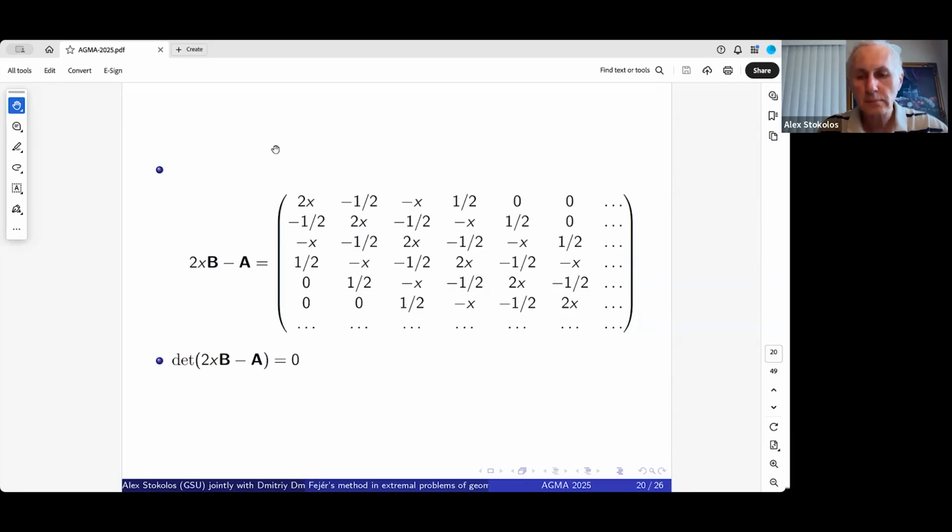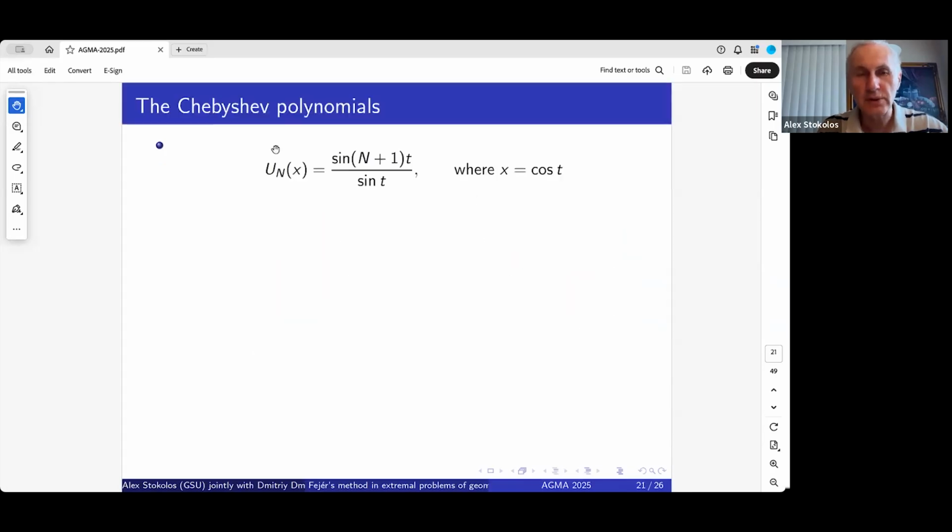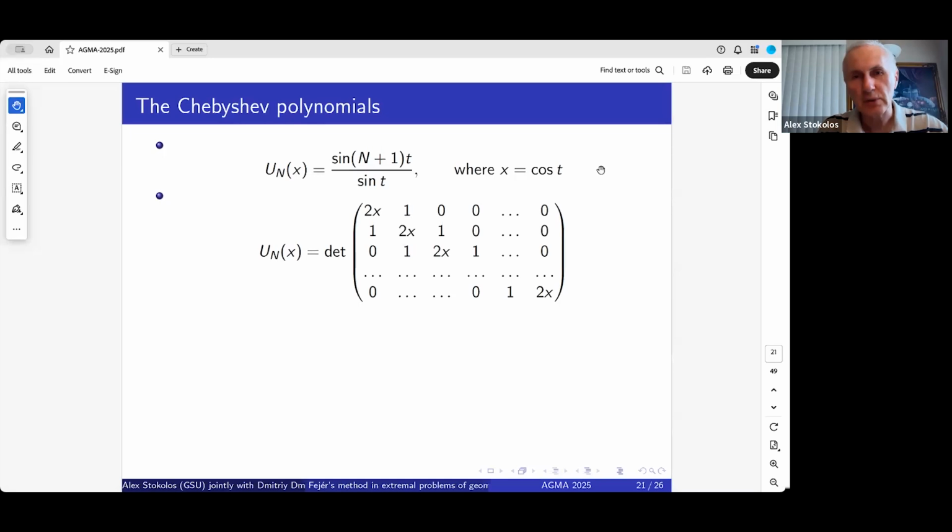Chebyshev polynomials. This is the definition of Chebyshev polynomials. But there is a nice, remarkable formula which says that a Chebyshev polynomial can be written as a determinant of this three-band matrix. A nice matrix, and if you write this determinant, of course, it's also a polynomial of nth degree, and in general form you would have to do something with a general nth degree polynomial.